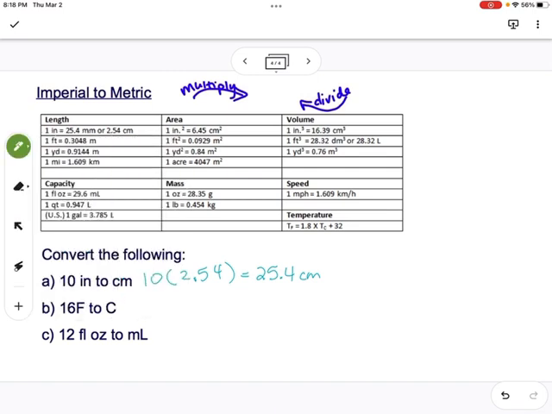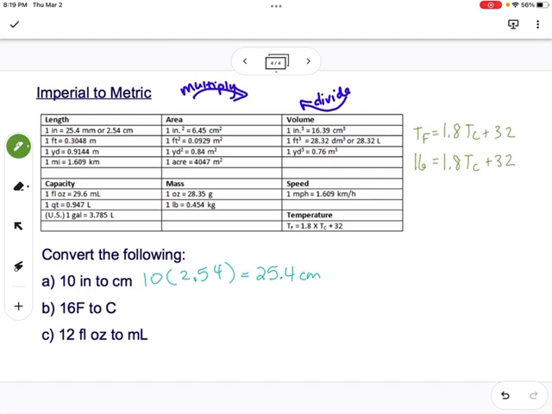So using this formula, we're going to fill in what we know. We know our temperature in Fahrenheit is 16. So TF is 16, and that's equal to 1.8 times temperature in Celsius plus 32.